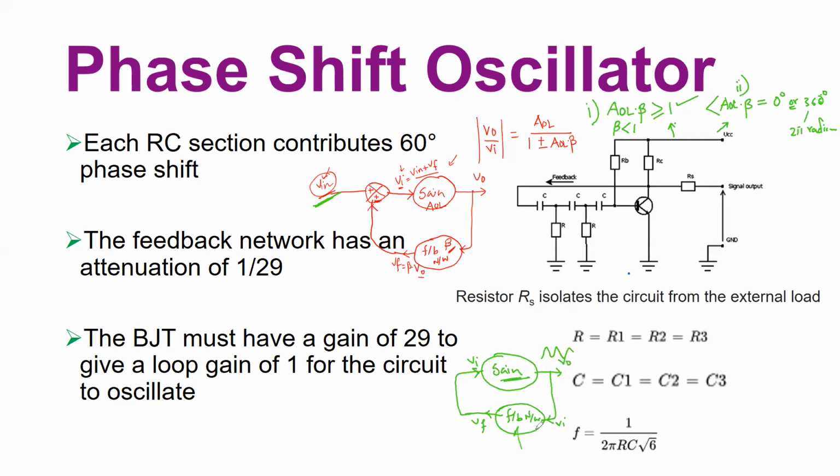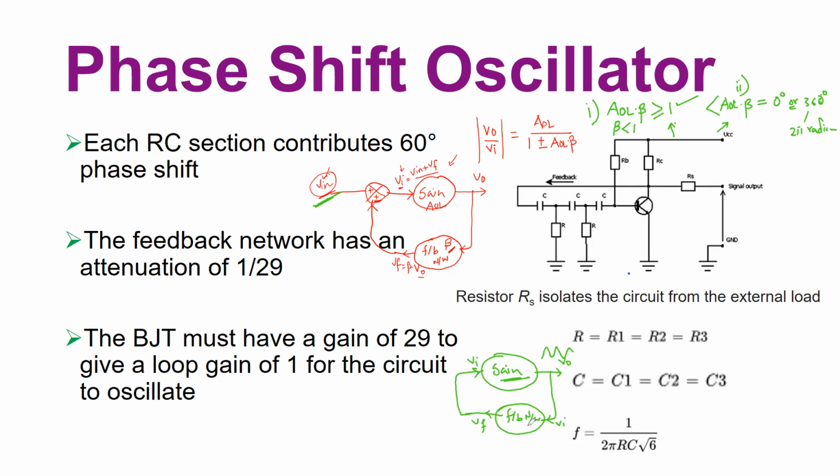And the job of this network is to act as an attenuator, as I said, because it is reducing the output signal and taking only a fraction of it back to the input. But at the same time, based on the values of the passive components that we use to construct this feedback network, for example, it is made of RC components, resistors and capacitors, or it is made of L and C, the inductance and capacitance, so that's a tuned circuit.